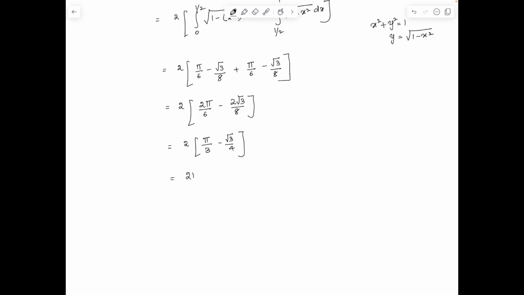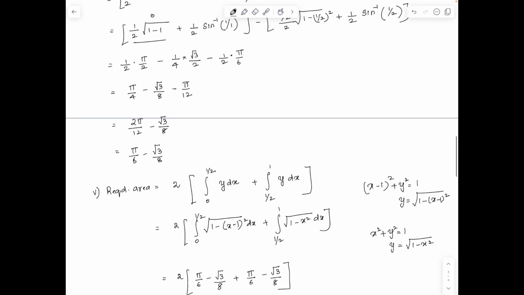That is 2 pi by 3 minus 2 root 3 by 4, which gives us 2 pi by 3 minus root 3 by 2. So the option is D.